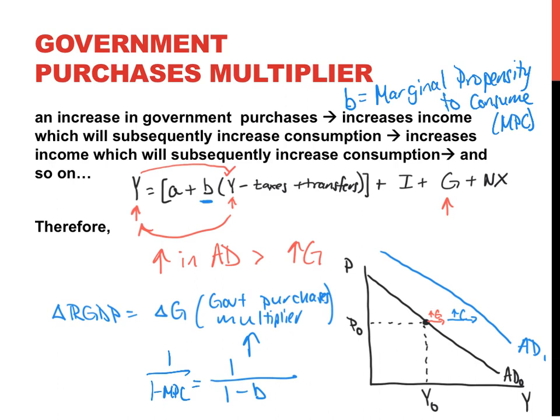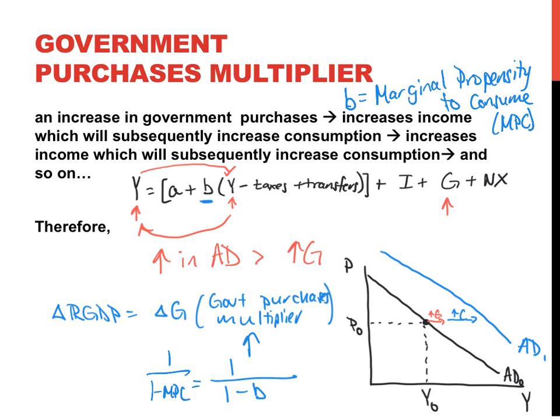And so every dollar that someone earns has to either be spent or saved. So if we're not spending them, then we're saving them. So whatever fraction of each dollar is being spent, 1 minus that fraction is being saved.